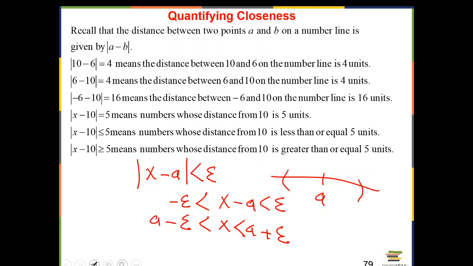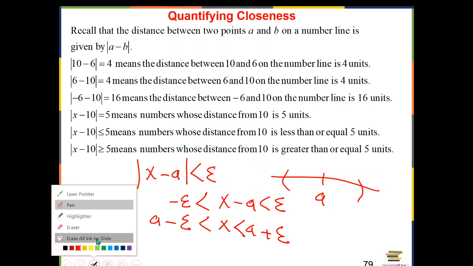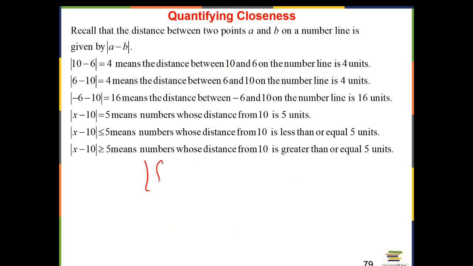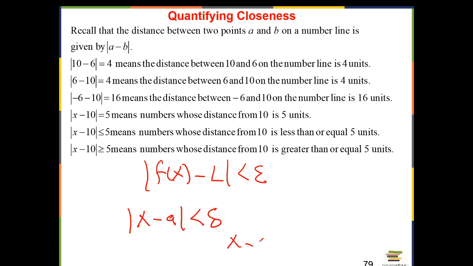epsilon, okay? Now when we write f of x minus L, absolute value less than epsilon, what is, I should have said delta, I said epsilon. So let me redo that. When I say absolute value of x minus a is less than delta, I mean that x minus a is between delta and negative delta.